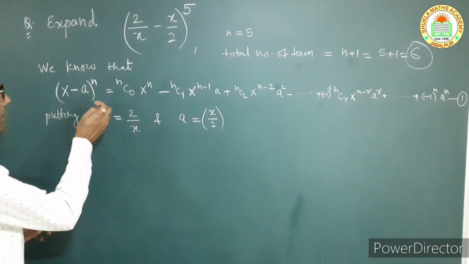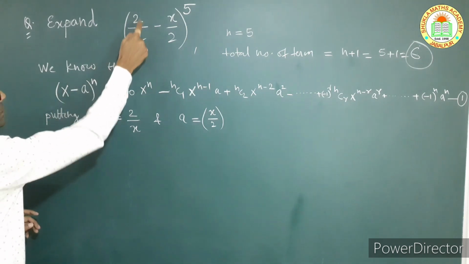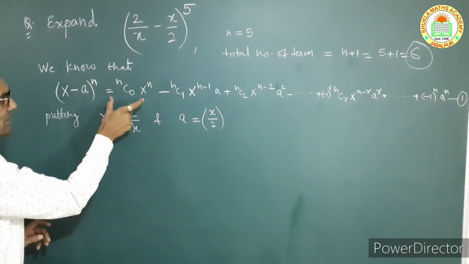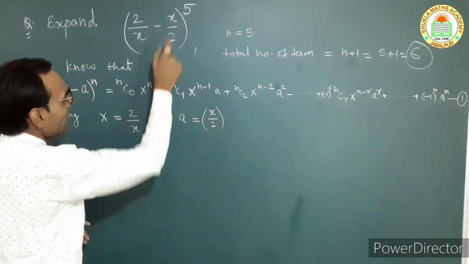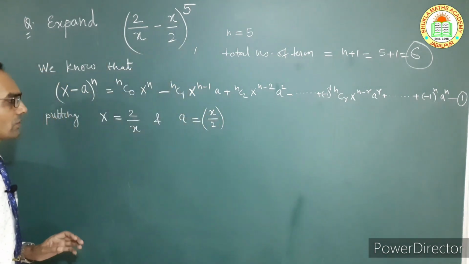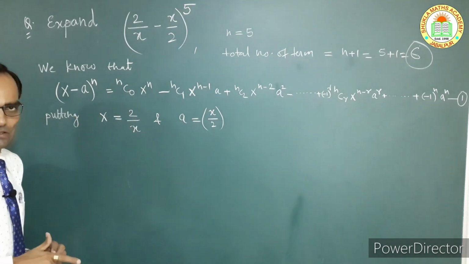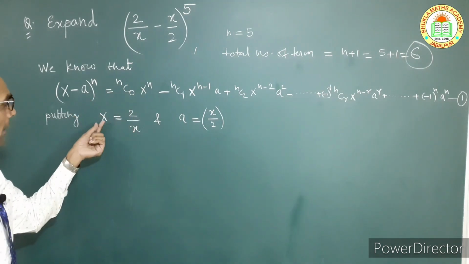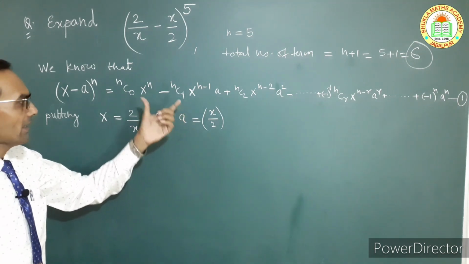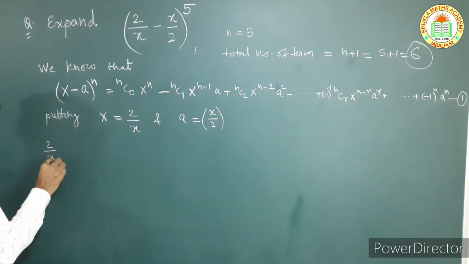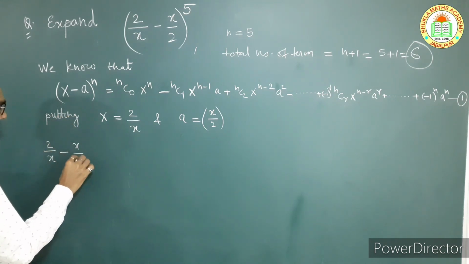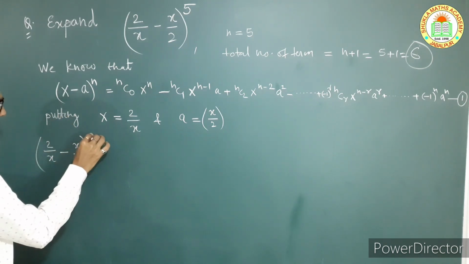Now, taking the value of capital X as 2/x in this expansion, and the value of a as x/2. Take only the term without sign, because we are using the sign in the expansion. Putting these values of X and a in our formula, the left hand side is (2/x − x/2)^5, and n is 5.